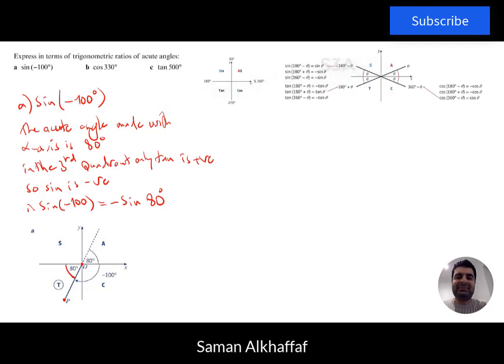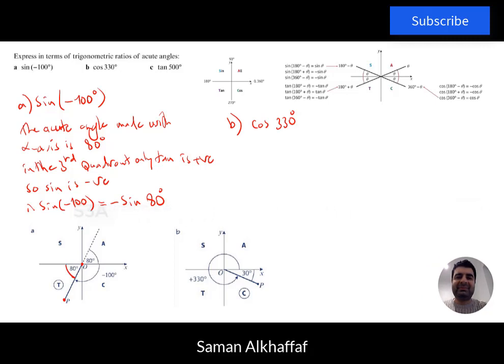Now for part B, we have cosine of 330 degrees. So we can plot that again, because it's positive, we start in the anti-clockwise direction, and we can see that it will end up in the fourth quadrant.